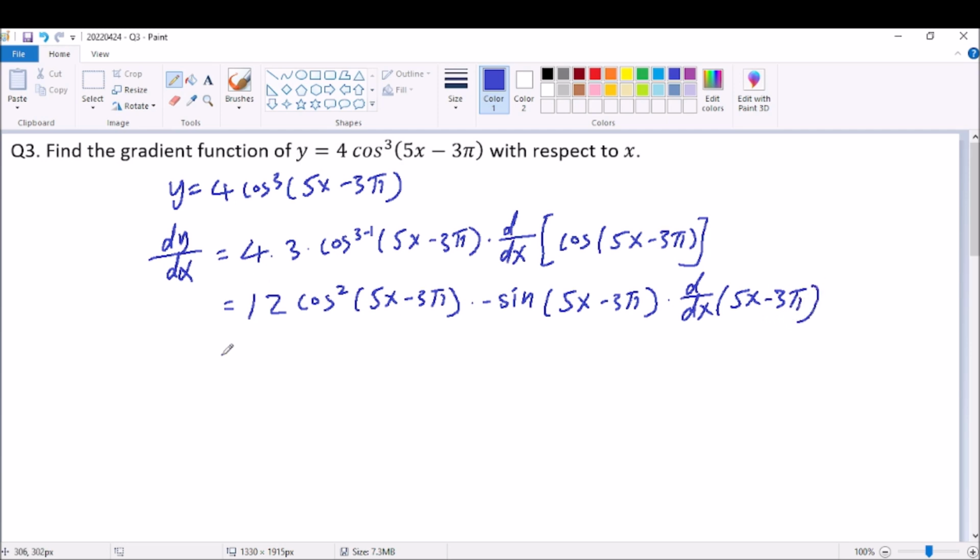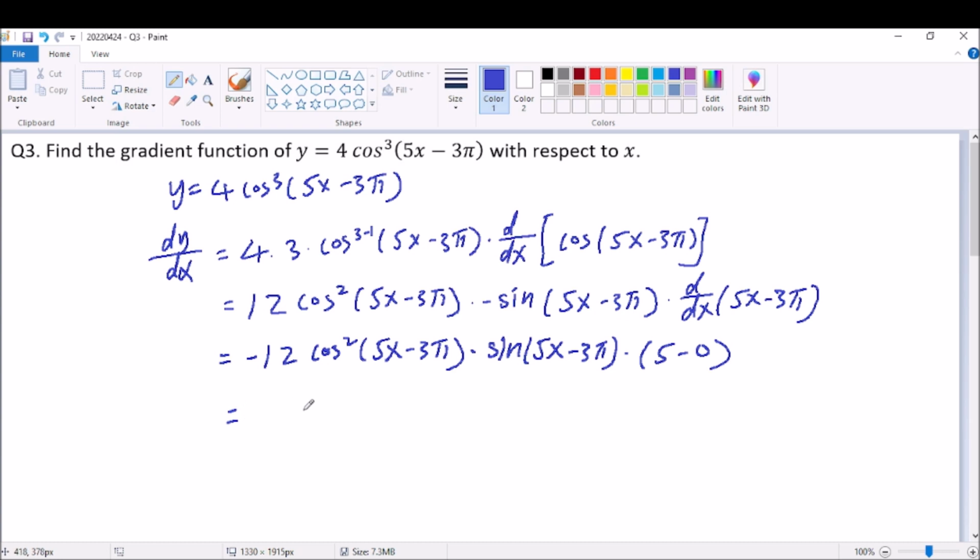So we have here minus 12 cosine squared (5x minus 3 pi) sine (5x minus 3 pi), and differentiate 5x minus 3 pi is 5 minus 0. So the final expression is minus 60 cosine squared (5x minus 3 pi) sine (5x minus 3 pi).